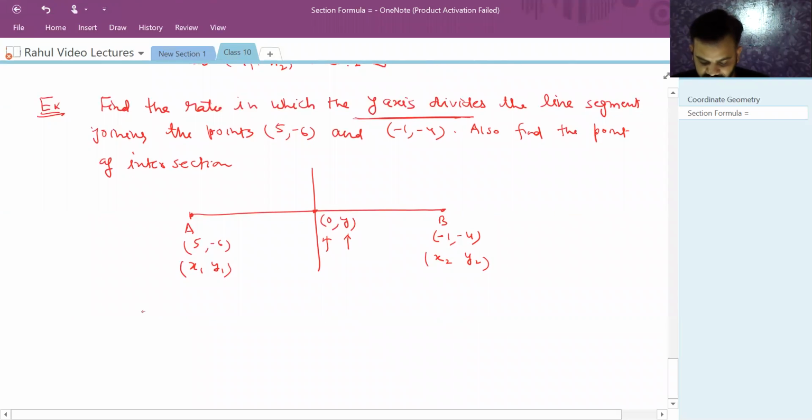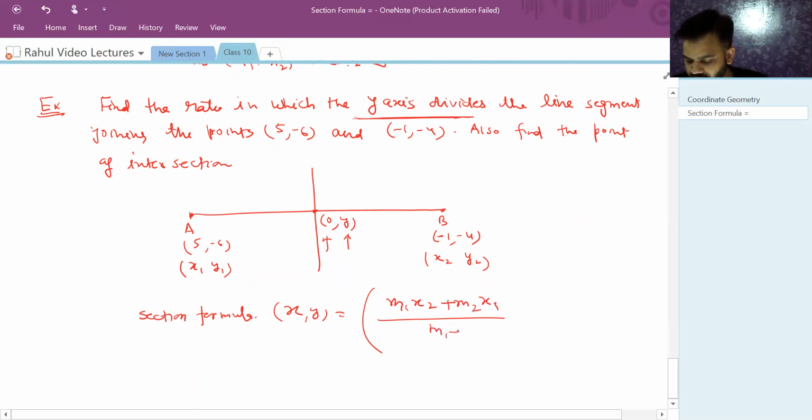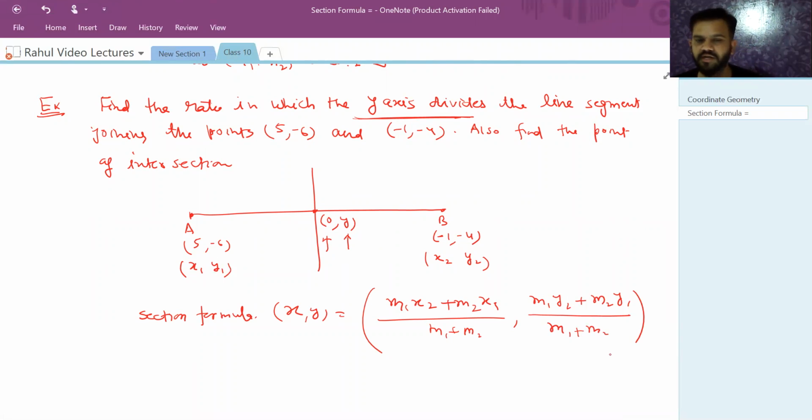So you can take the section formula. X y will be equal to m1 x2 plus m2 x1 divided by m1 plus m2 and m1 y2 plus m2 y1 divided by m1 plus m2. Okay, so first of all we have to find out the ratio. Because to find the ratio, you need to know the intersection point, any one coordinate must be known. So we know that on the y axis we know x.